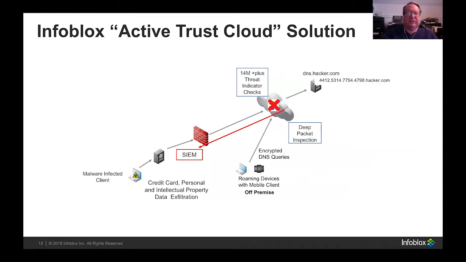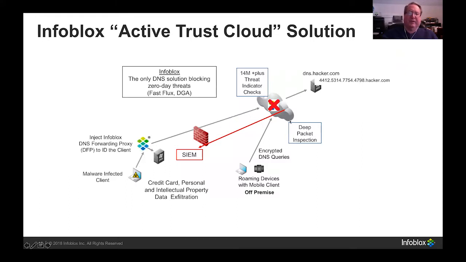In that case, it then really strengthens the solution, because we have roaming clients for Mac and Apple that can be loaded on, so that when they leave the facility, anytime they try to do a query, they try to bring up their machine, it's going to actually encrypt the DNS queries and force them directly to the cloud. So the same effect will happen for all the mobile clients that go off-site that are now no longer on-site. And it will inform the SIEM of all indications, so the customer has the ability to investigate that.